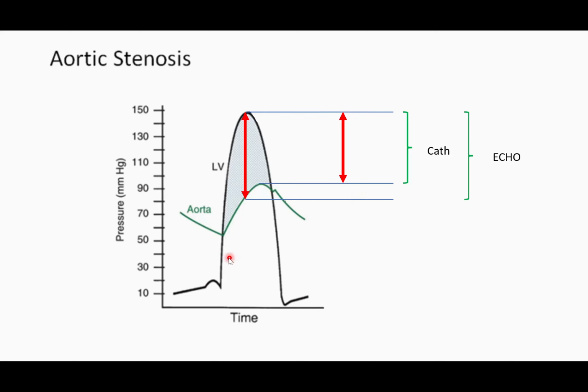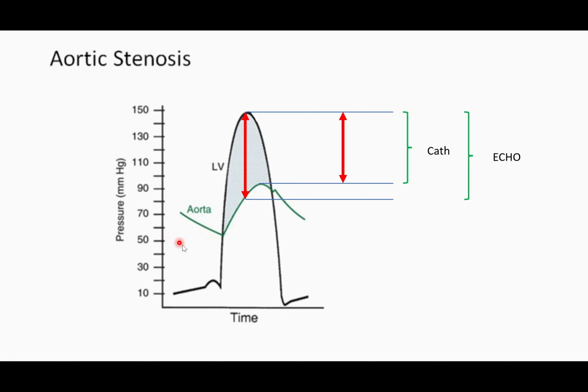In aortic stenosis, there is a difference between the left ventricular peak systolic pressure and the aortic peak systolic pressure due to the stenosis. But in a normal patient, the aortic pressure is almost identical to the left ventricular pressure. So this is the difference that we want to measure.